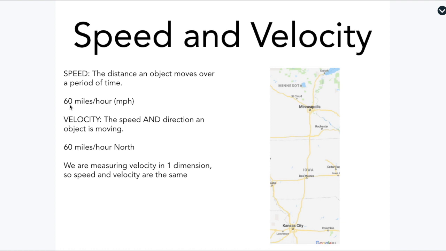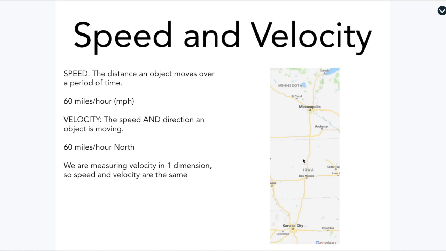For example, in a car, speed is usually measured in miles per hour. So 60 miles per hour, that is a speed. However, velocity is the speed and direction an object is moving. So 60 miles per hour north, that would be a velocity.